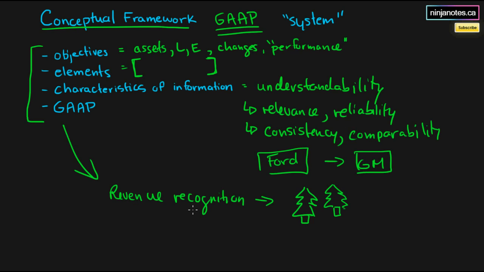But deviating away from this GAAP policy of revenue recognition might be, let's say, when we plant the trees and we have certainty maybe that 80% of the trees will be sold. So before we even sell any of them, we're going to report the revenue and essentially act as if they're already sold.